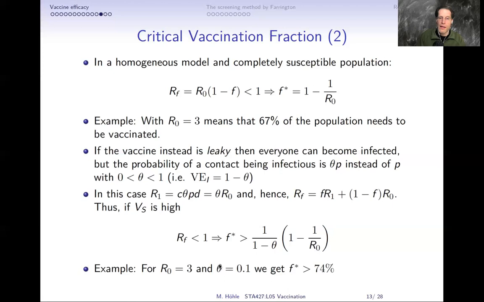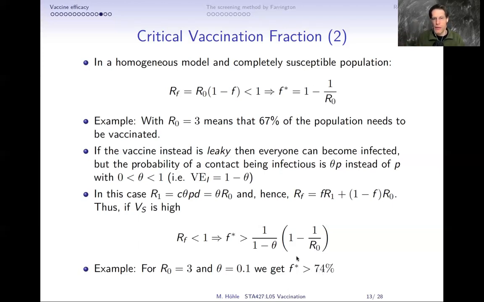So if we say the vaccine is leaky, in as much as it reduces the rate of possible transmission given that there's a contact by a factor of 10, then instead of the 67% we had, we need to vaccinate 74% because it's now a leaky vaccine, right?